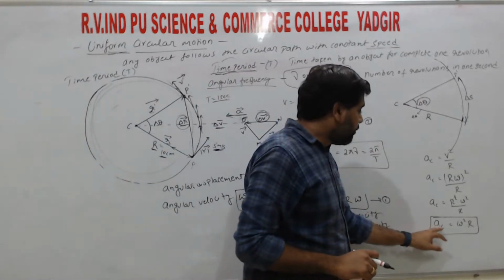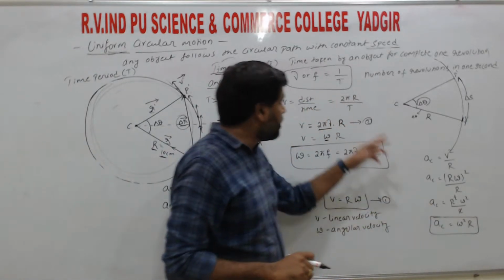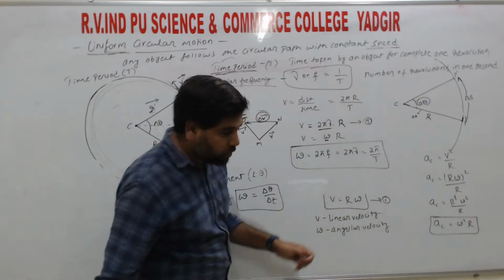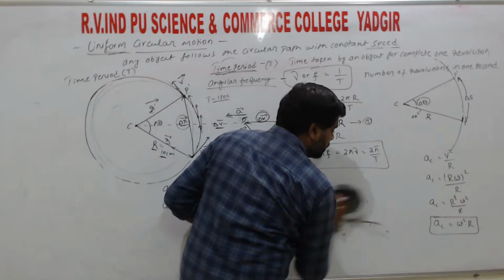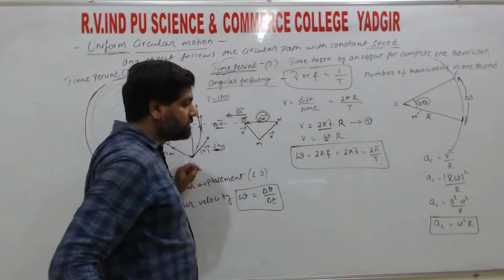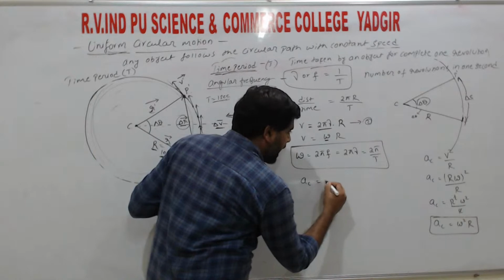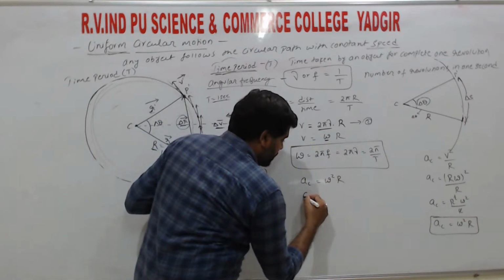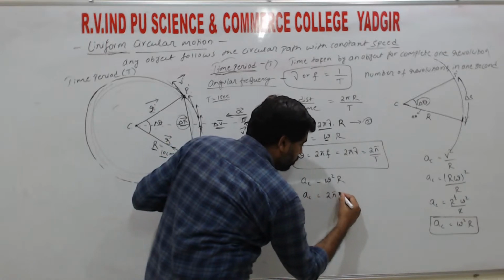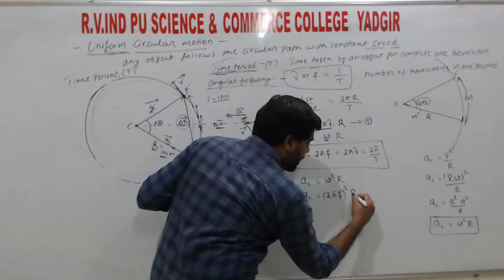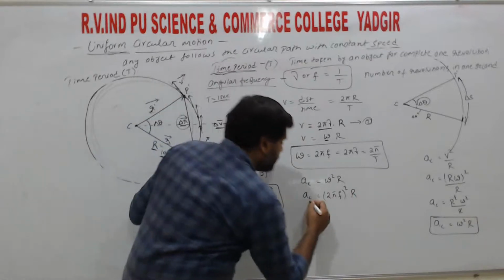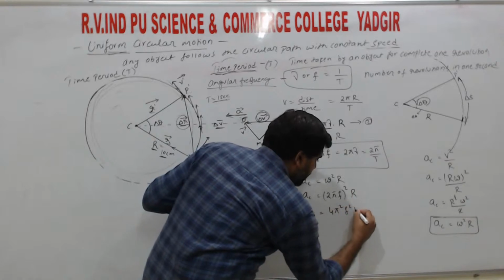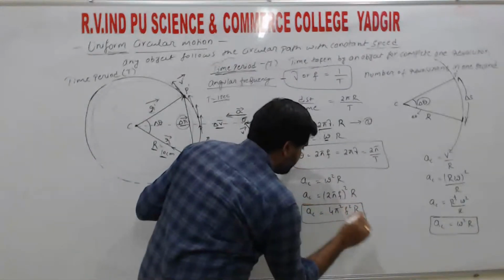In the same way we can express AC in terms of frequency and time period, right? Now substitute the value of omega in centripetal acceleration. AC has the formula omega square r. Substituting omega equal to 2 pi f, whole square, into r, we get centripetal acceleration AC equal to 4 pi square f square r.